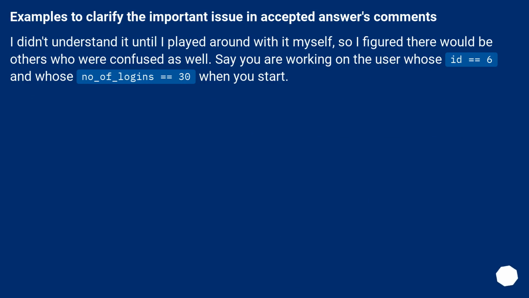I didn't understand it until I played around with it myself, so I figured there would be others who were confused as well. Say you are working on the user whose ID equals 6 and whose no_of_logins equals 30 when you start.